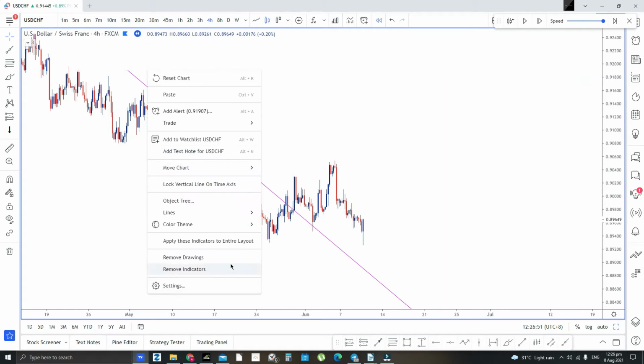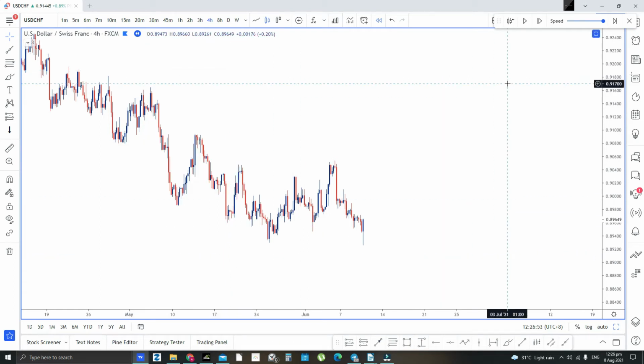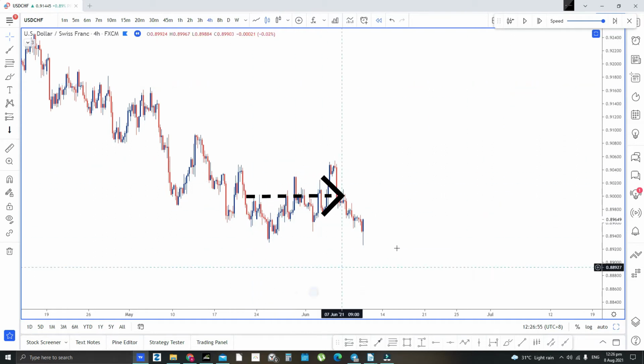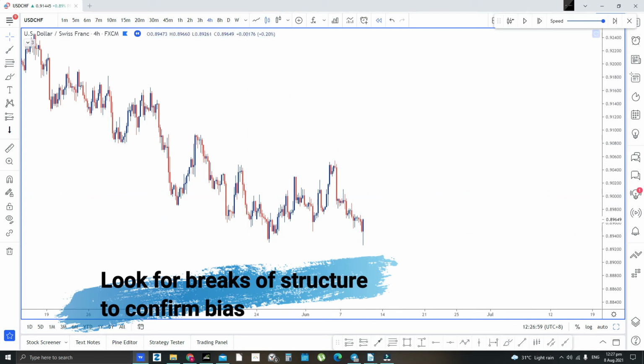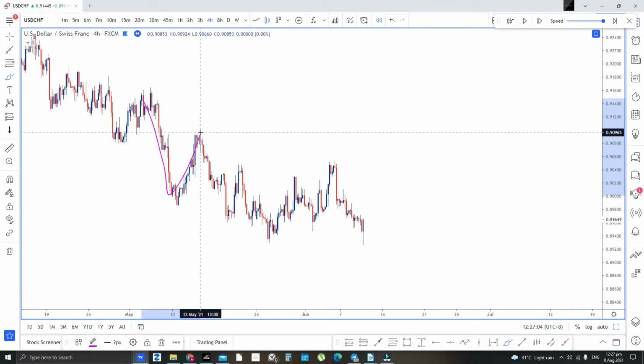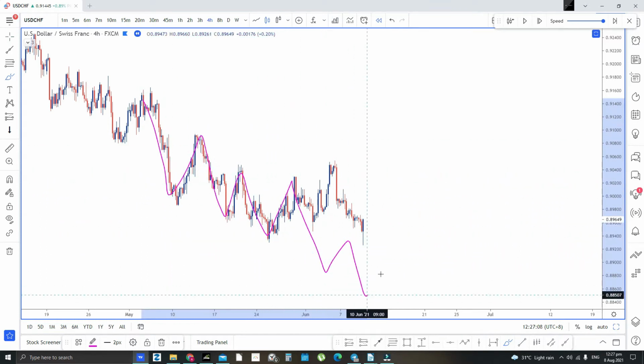But the most important thing to note is that right here in this area, price has already broken structure. How do we know that? Because you see that right here, price was going on a downtrend, and the expectation is that price will continue to do this move.